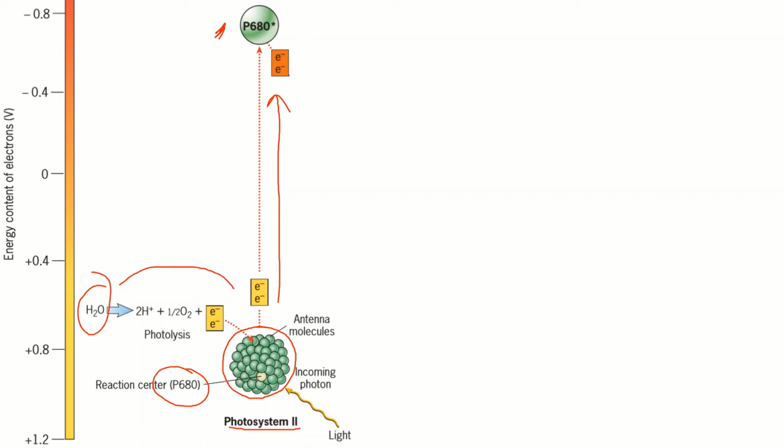Now, can you imagine how strong an electron hog P680 is? It's so strong that it's even able to pull electrons away from water, and that requires a lot of energy. So, P680 plus pulls electrons from water, thereby breaking water into the hydrogens, which will later be used for powering the ATP synthase, and the oxygen, which becomes oxygen gas, a waste product.